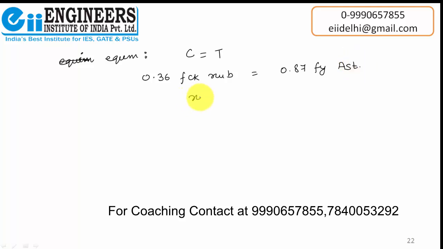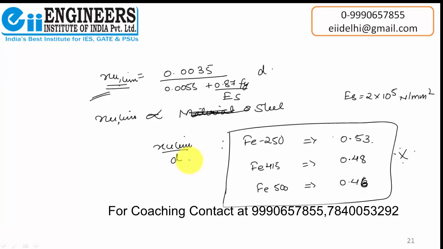So from here we can easily say that Xu equals 0.87 Fy Ast upon 0.36 fck into b. From here we can find the value of Xu.